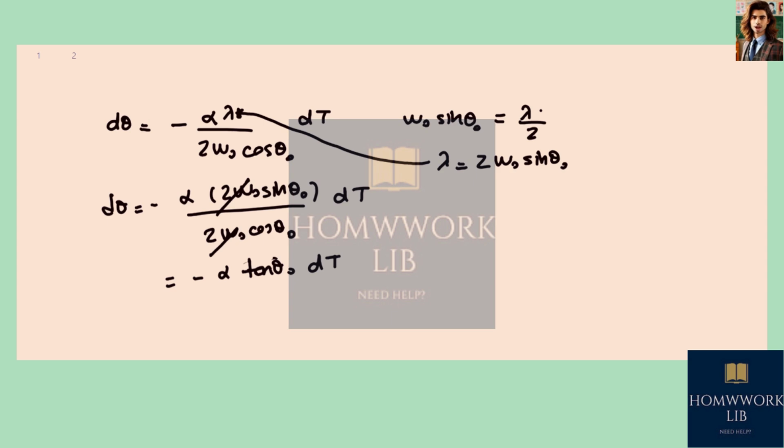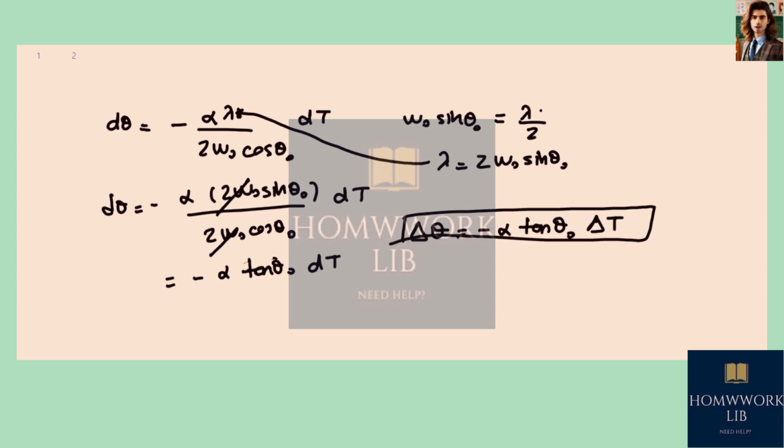So from there, delta theta equals negative the expansion coefficient times the tangent of the initial angle times delta T. So this is our equation. For delta T, the initial temperature is room temperature and the final is 135 Celsius. Even in Kelvin, delta T wouldn't change.